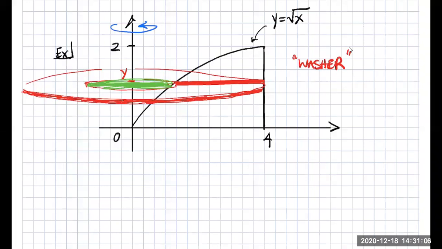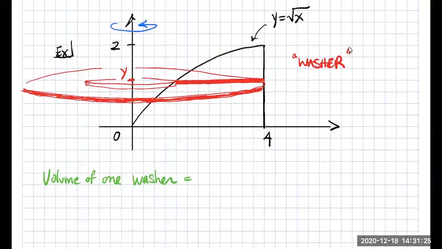Okay, so let's see what that's going to look like. The volume of just this one differential washer is pi times the outer radius squared.